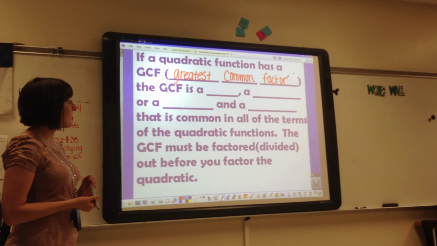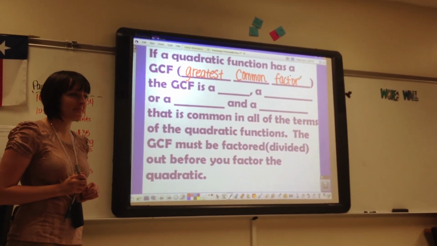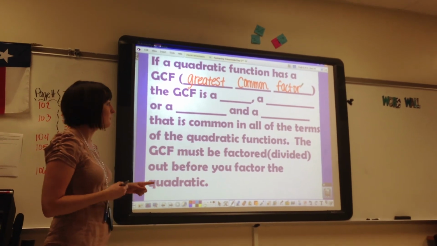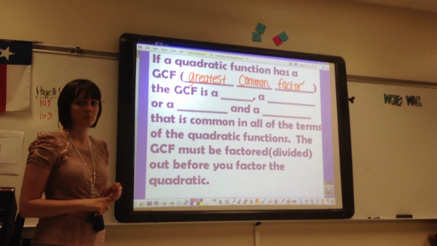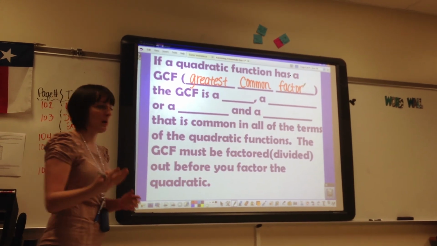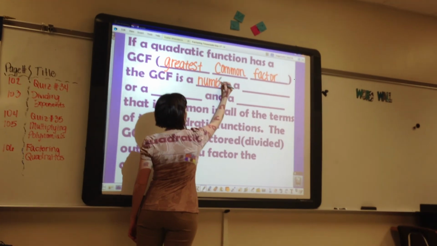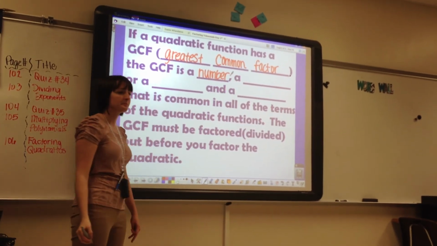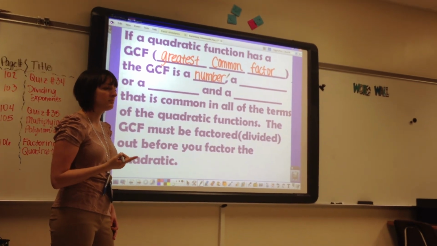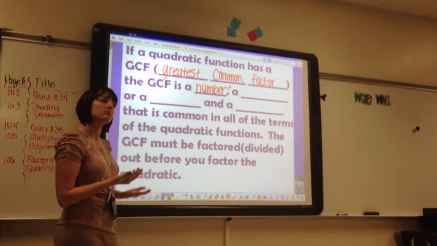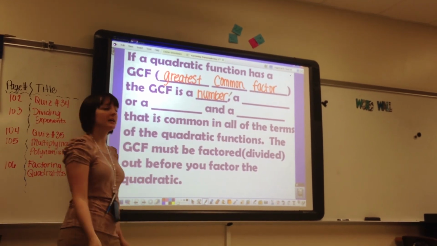Then the GCF is a blank, or a blank, or a blank. Before, when we did this, what types of things were GCFs? Numbers, good. So it could be a number. What else? Variables, letters, same thing.